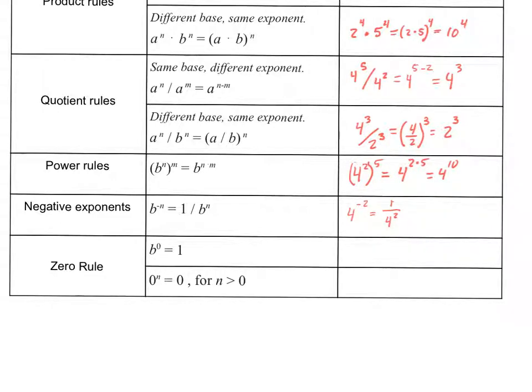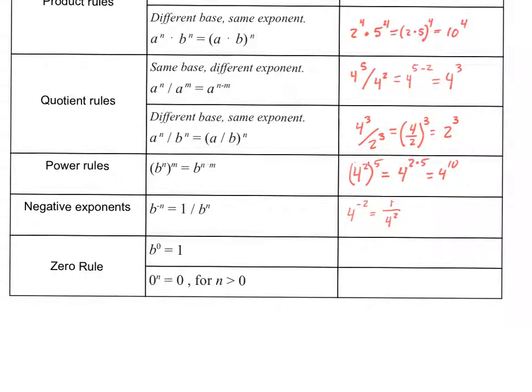Now we're going to be working on 2 more, which is a zero rule. First, we're going to see when you have 0 as an exponent, so b, which is a variable representing a base, to the 0 power gives you 1. Okay, so any number raised to the 0 power gives you 1.